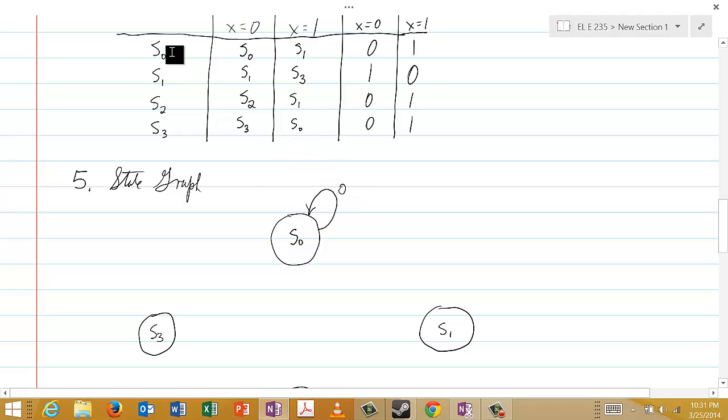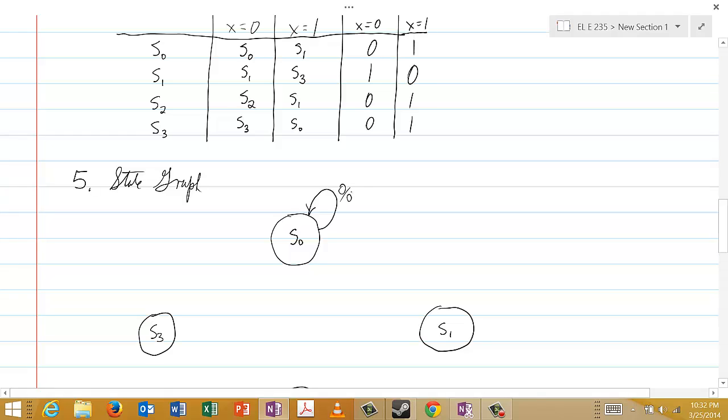So when we're in S0 and our input X is equal to 0, we go to S0 and we output a 0. So we'll designate that in this way. We'll say 0/0. The top 0 means that the input is 0, and the bottom 0 means that the output will be 0.